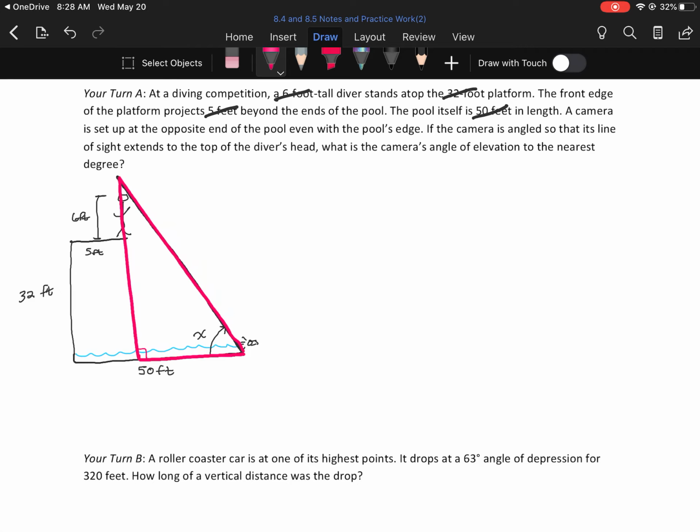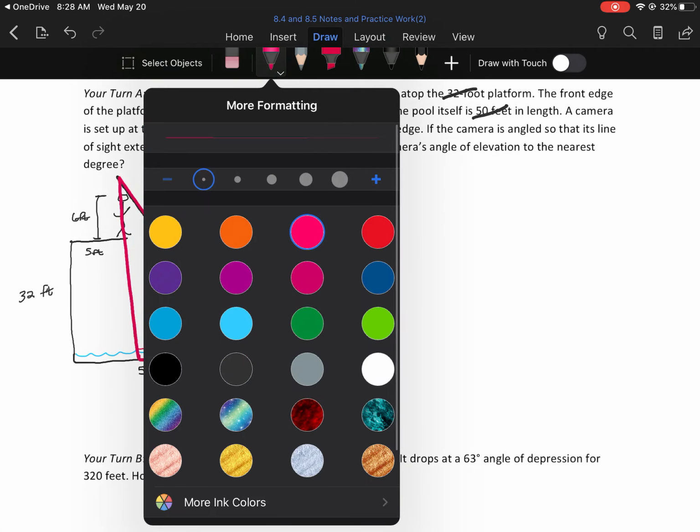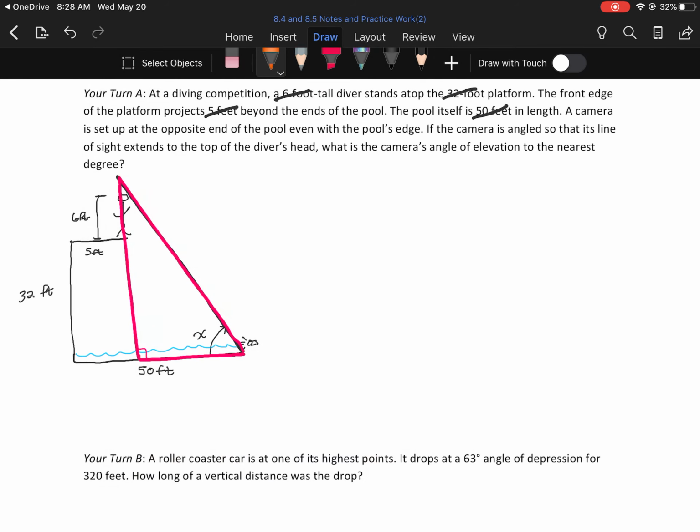So let's see the information we know because we know a good bit here. So this whole vertical side or the long leg of my right triangle, it is a total of 38 feet because it's 32 feet with the platform and then our diver 6 feet. So that means this side is 38 feet.